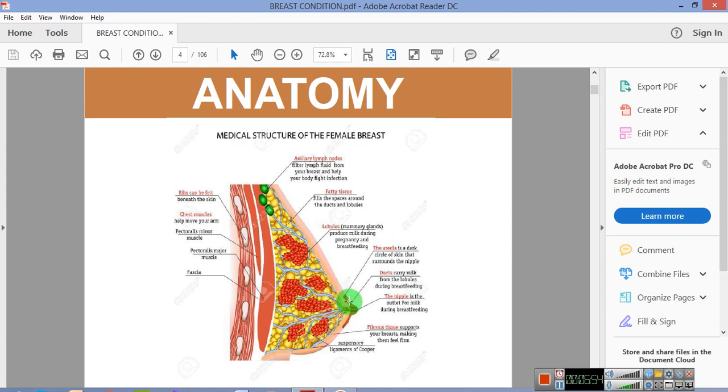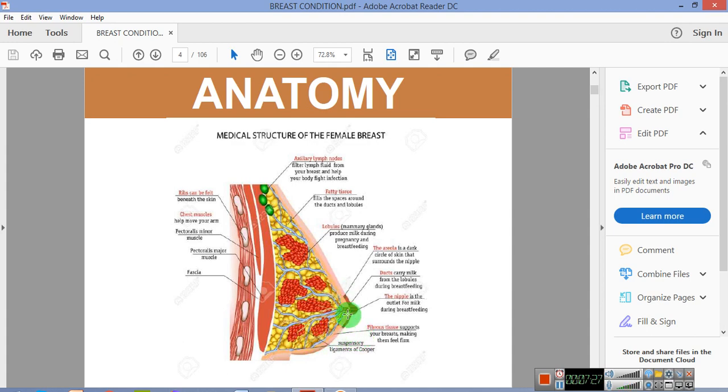Ducts carry milk from the lobules during breastfeeding, and the nipple is the outlet for milk. When the child is sucking the breast, the lobules produce milk and excrete it through the ducts to the nipple. Then milk production. The fibrous tissue supports your breast, making it feel firm.